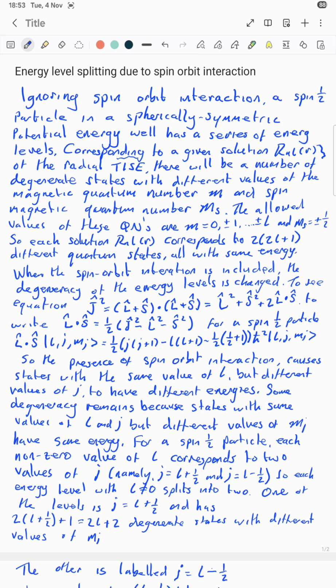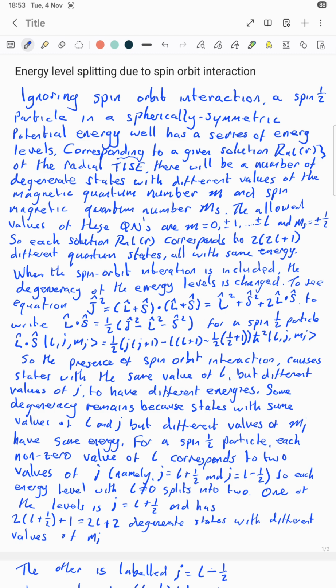So each solution of our radial equation corresponds to 2(2l+1) different quantum states, all with the same energy when the spin-orbit interaction is not included.